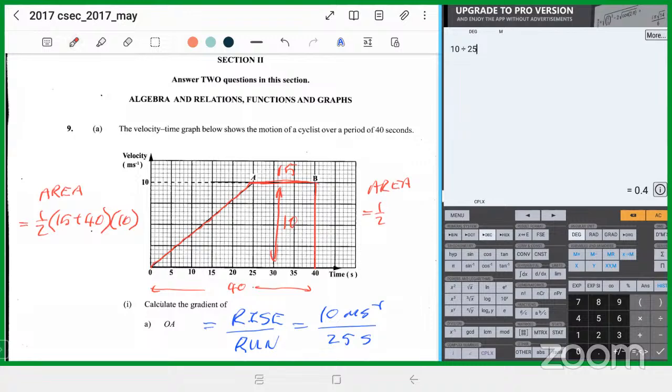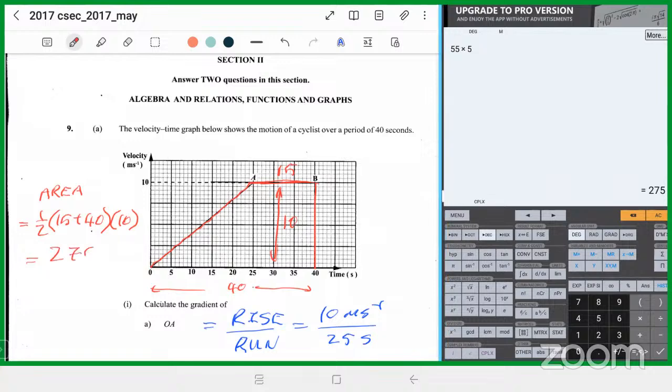That is what you use to get the area of that trapezium, which is the distance traveled. Let's copy this down and work out the value. That is 55 times 5, because half of the 10 is 5. 55 times 5.